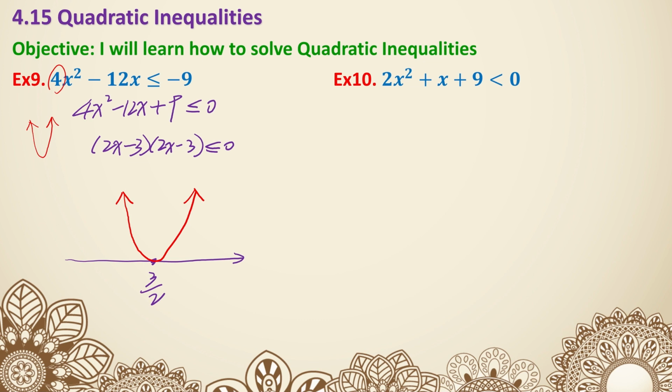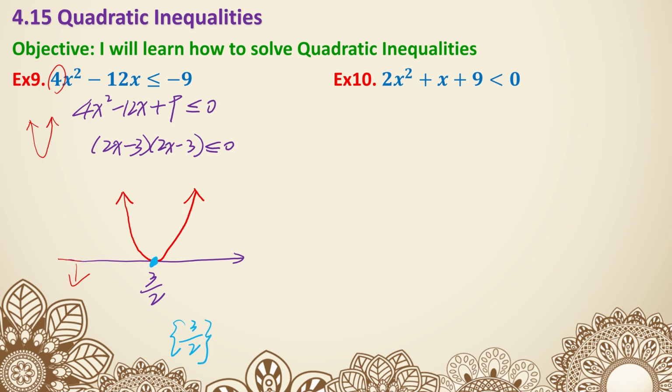It's less than or equal to 0, so we're looking for anything that is below or on the line. There's nothing below, so the only thing we can keep for the final answer is this point, because it's less than or equal to, so we're looking for anything below or on the x-axis. So our final answer is just going to be 3/2. That's a special case.